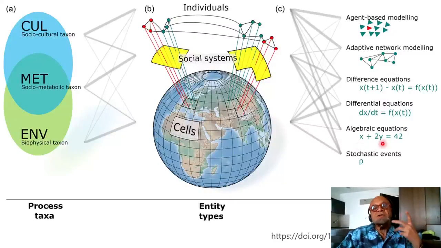A lot of times hydrological models may end up being written as algebraic equations, or agent... yeah, let's not confuse too much. And you have stochastic events kind of representation. So this diagram is a bit too schematic, but this gives you a good sense of what we mean by network modeling, where individuals are represented.